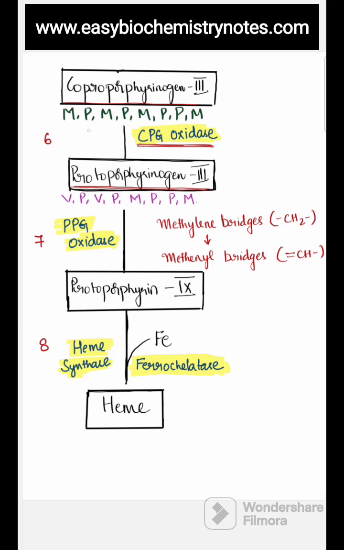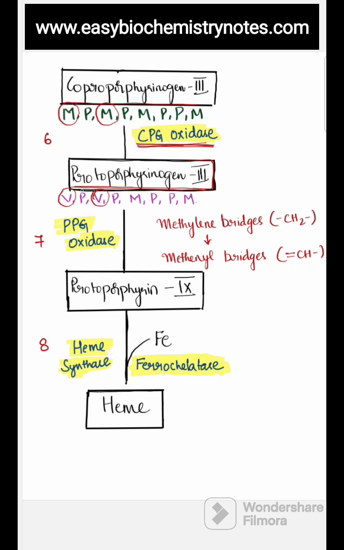Now what happens actually here is that 2 substitutions of the methyl group get converted into vinyl, and molecular oxygen is required for this reaction. So that is why the enzyme is CpG oxidase.